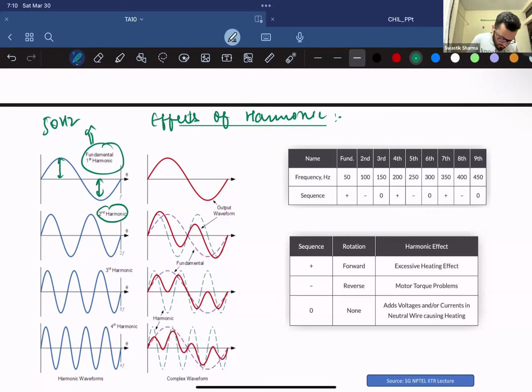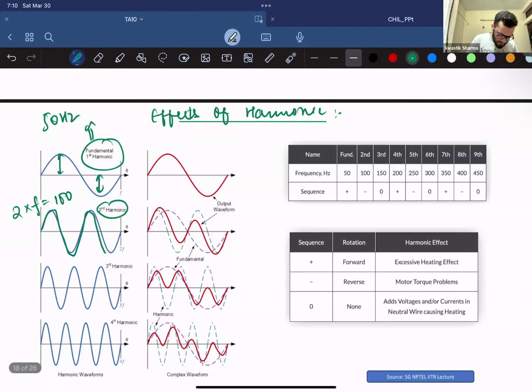Your second harmonic, which is two times your fundamental frequency, which is 100 hertz, rotates at twice the speed of your 50 hertz frequency, right? So it's not perfectly matching your AC sinusoidal wave. Similarly, you could have third harmonics, fourth harmonics. What they do is they distort your waveform. You were supposed to have this purple waveform, but it's plagued with this green waveform.